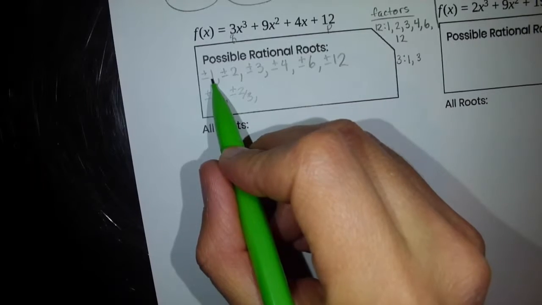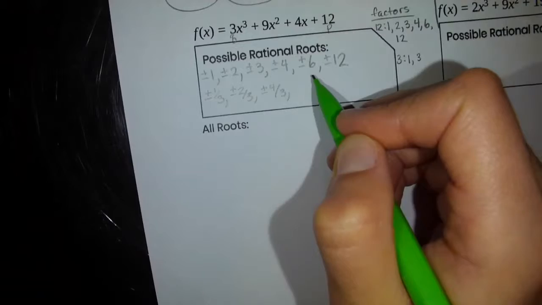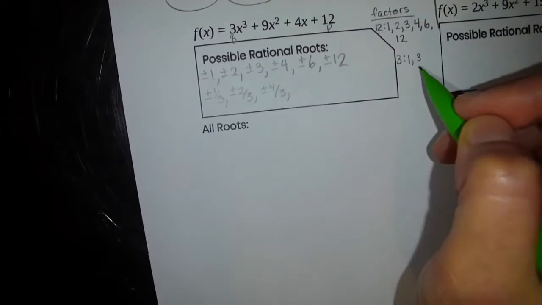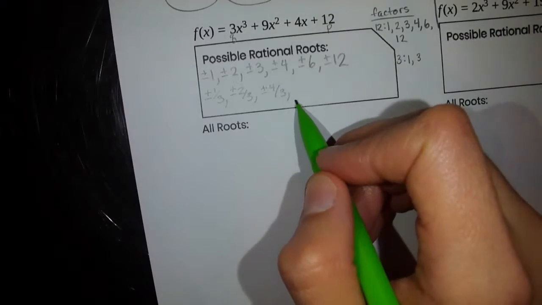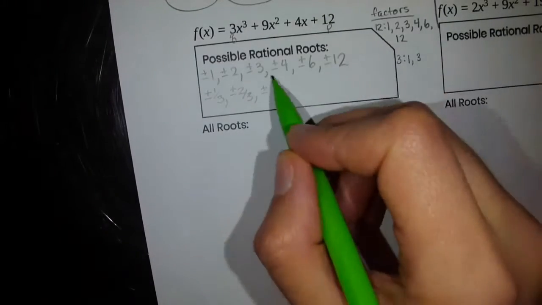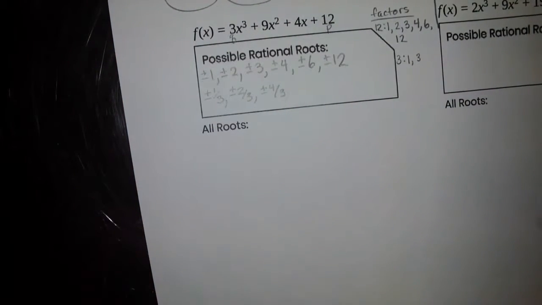We already have that listed. Plus or minus 4 over 3, plus or minus 6 over 3. 6 divided by 3 is 2, so we already have that. And then plus or minus 12 over 3 is 4, so we already have that. So this is going to be all of our possible roots.